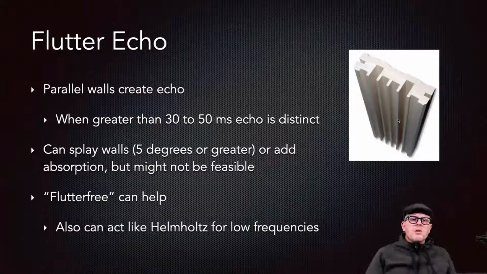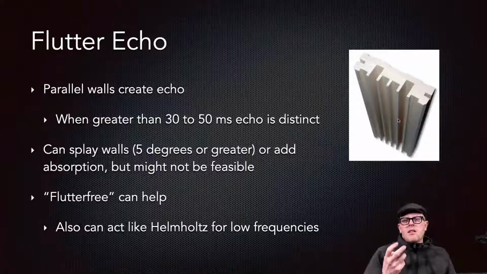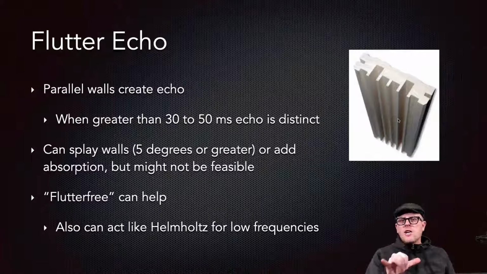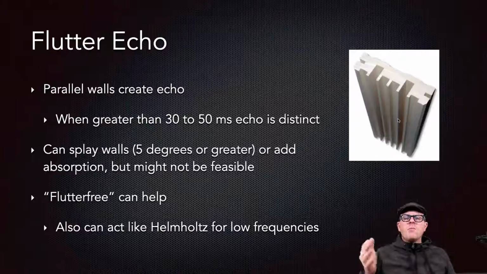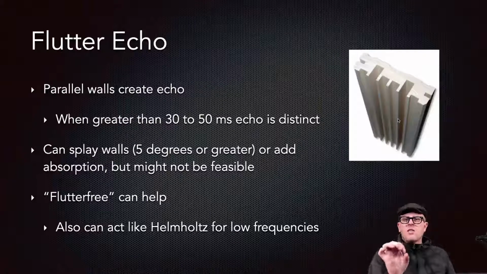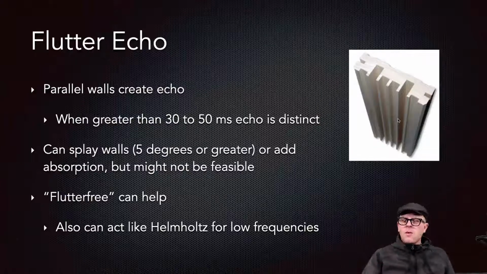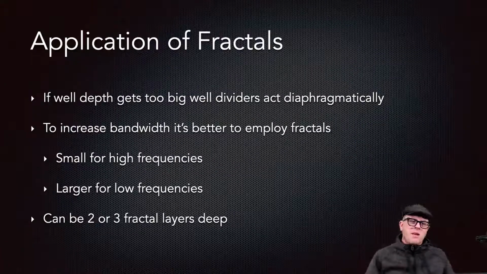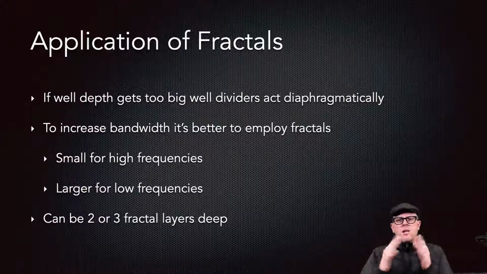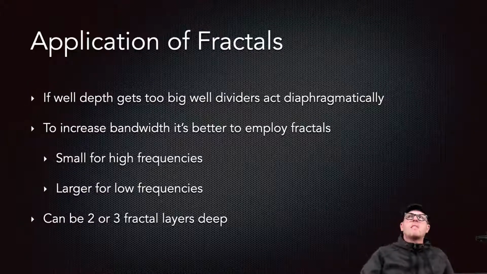We can take the approach I was talking about before: small things interact with high frequencies, large things interact with low frequencies. Rather than building one size fits all, why don't we build small versions for the high frequencies and large versions for the low frequencies? We're going to apply them in a fractal method, basically a fractal-type system.